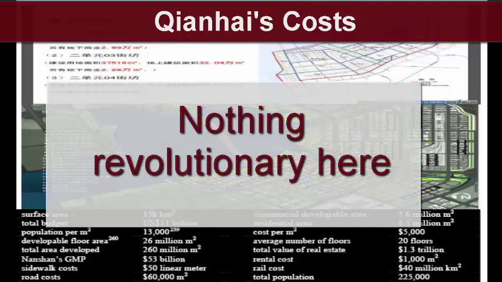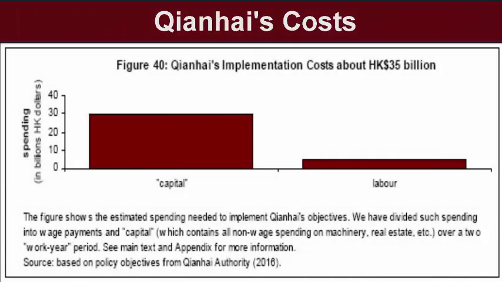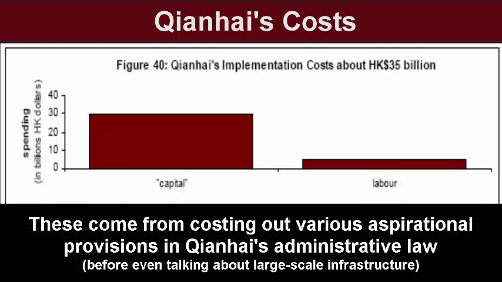The region has an estimated total population of roughly 250,000 people, showing that the project's population certainly doesn't measure up to those in Hong Kong and Shenzhen. Nevertheless, the region should house a relatively large number of businesses and employees working in those businesses. By simply going down the list of activities that the Qianhai Authority and other local planners have developed, we put spending on Qianhai as a real estate project at roughly 35 billion Hong Kong dollars.